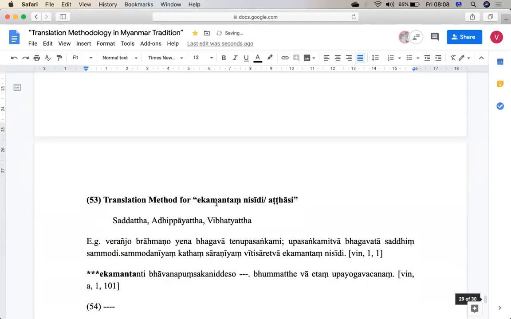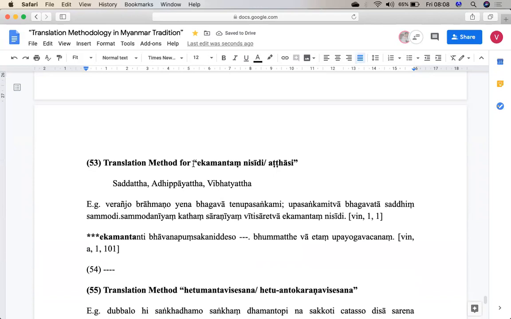The next one is the phrase Ekamantaṃ nisīdi or Ekamantaṃ aṭṭhāsi. We often find these phrases when someone approaches a respected or senior person. For example, when Sāriputta approached the Buddha, in that expression we find Ekamantaṃ nisīdi. Yena Bhagavā tenupasaṅkami, upasaṅkamitvā Bhagavantaṃ abhivādetvā ekamantaṃ aṭṭhāsi or ekamantaṃ nisīdi, and so on.